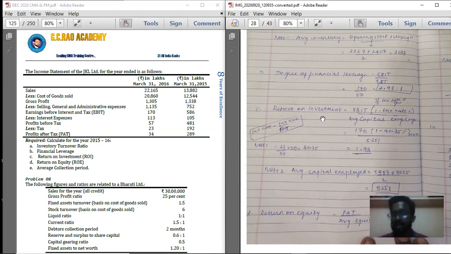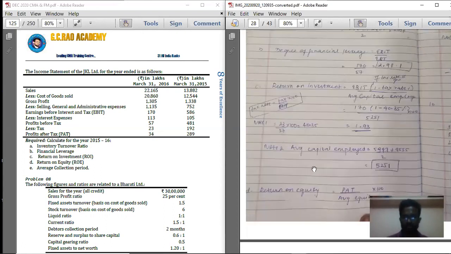So EBIT 170 into, within bracket, 1 minus the tax rate, which we should find. Leave 4 lines gap. The tax rate they have not given. We should calculate it. Leave 4 lines gap.